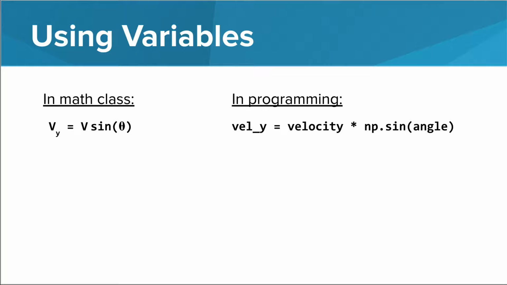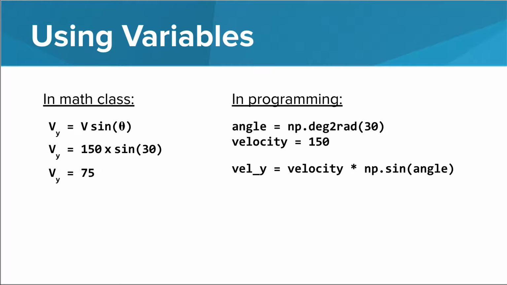In any case, both sets of variables are representing the values that they store. They're just placeholders. The only difference may be when we actually calculate the result. In math class, we substitute in the values and solve. In programming, values are assigned elsewhere in the program, and the calculation is still done with variables. This makes it easy to change the values of the variables and then have the calculations automatically update.